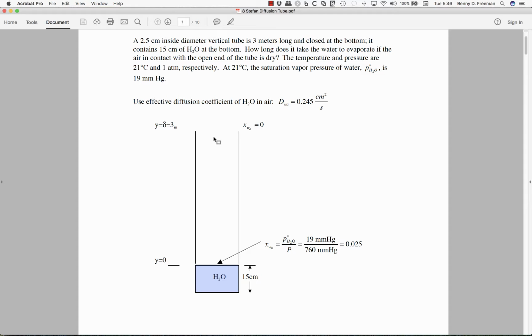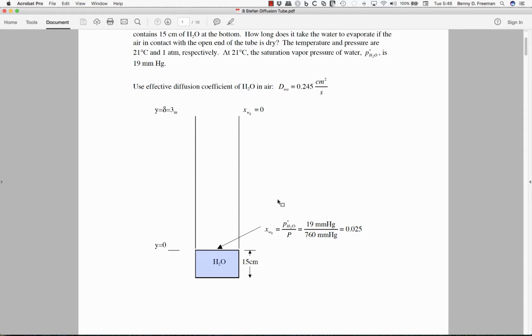Those components in air are essentially moving only when water evaporates from the liquid, which requires more air to come into this tube to maintain the pressure at 1 atmosphere. So all of the air components essentially move together as the liquid level in this tube falls.